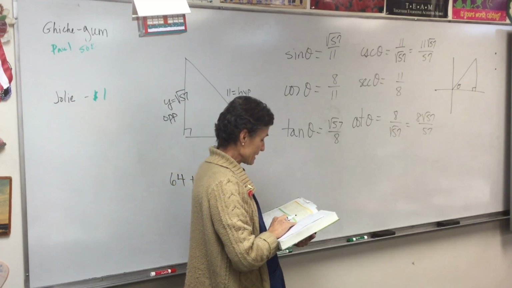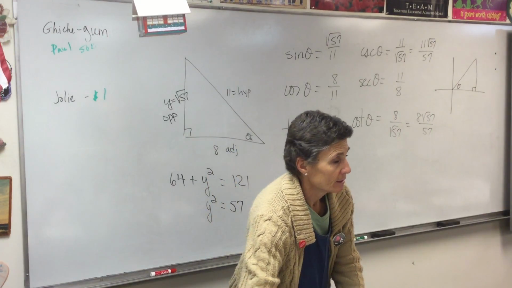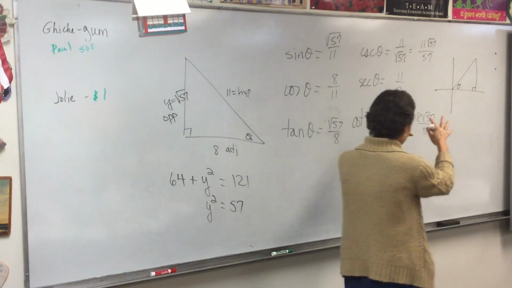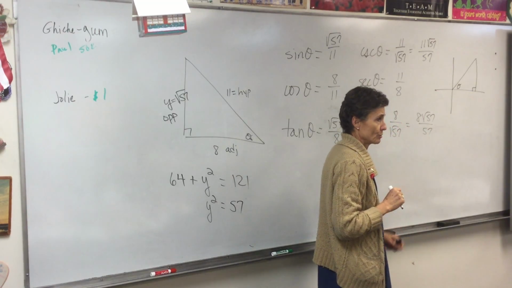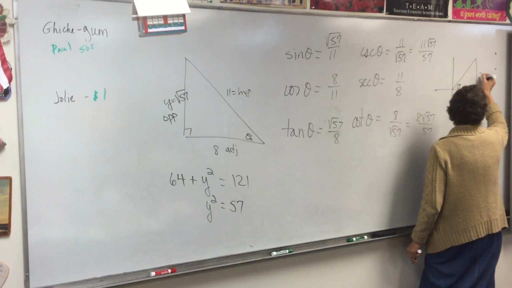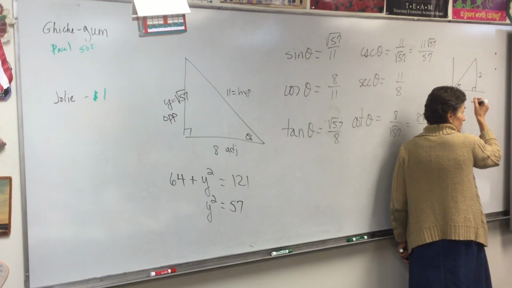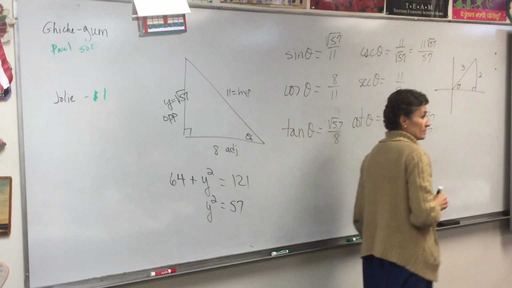And I know that its sine is 2/3. Now, how will I put that into my picture? The sine is 2/3. So the opposite is 2, and the hypotenuse is 3.